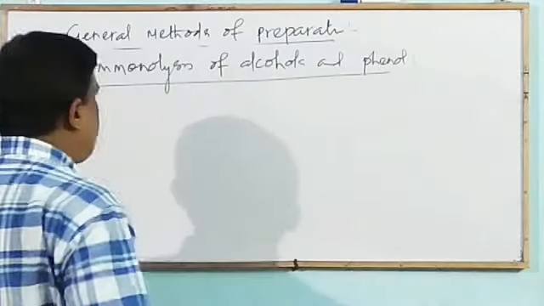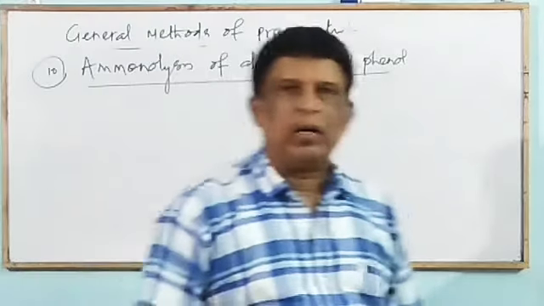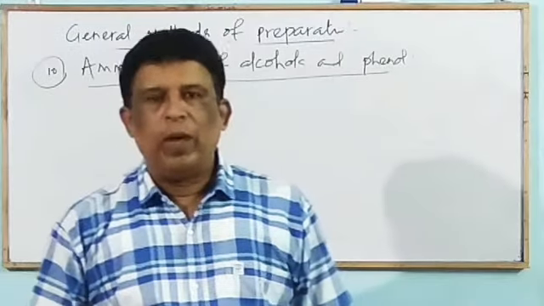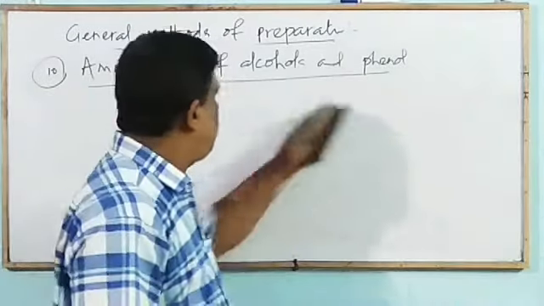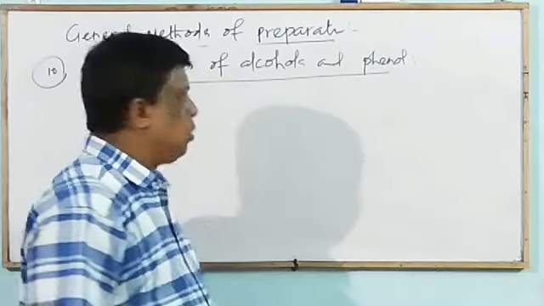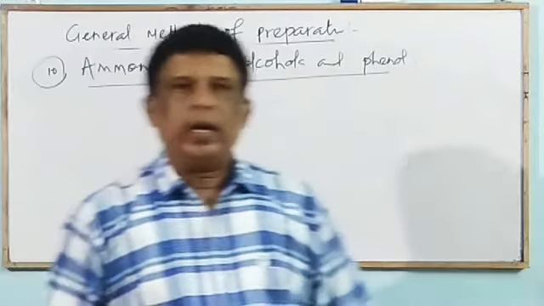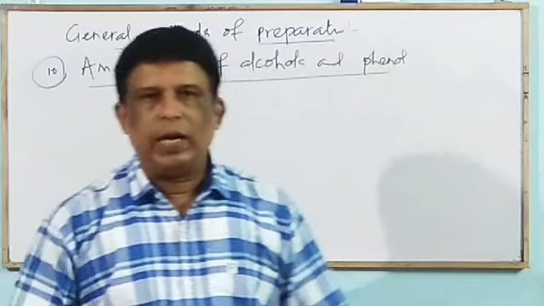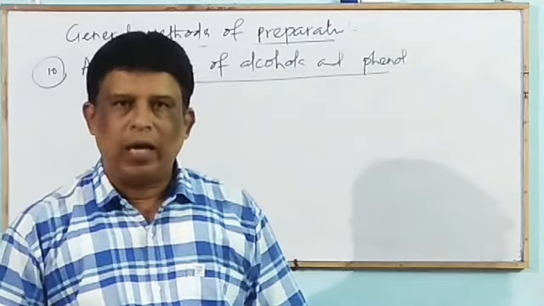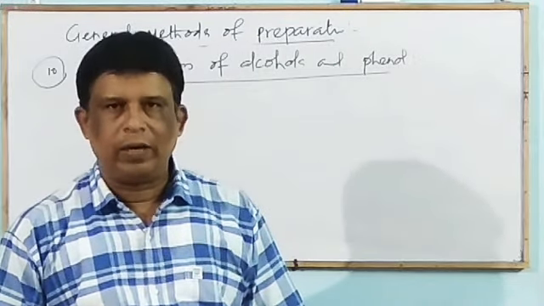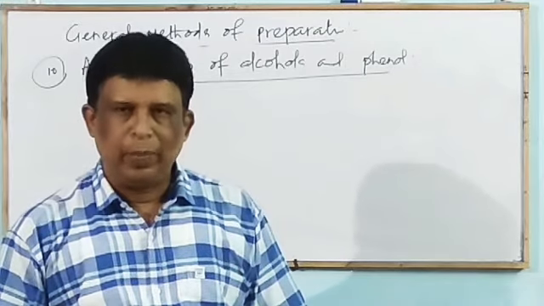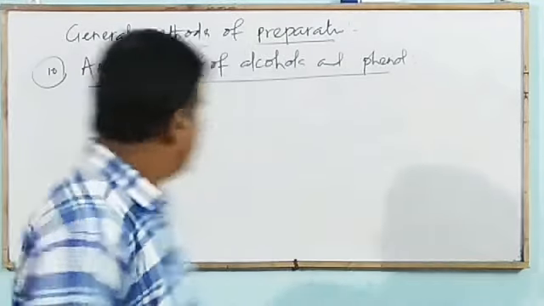When vapors of ammonia are passed over alcohol in a closed container in presence of alumina at 300 degrees centigrade, primary amine is formed. Mark the equation.